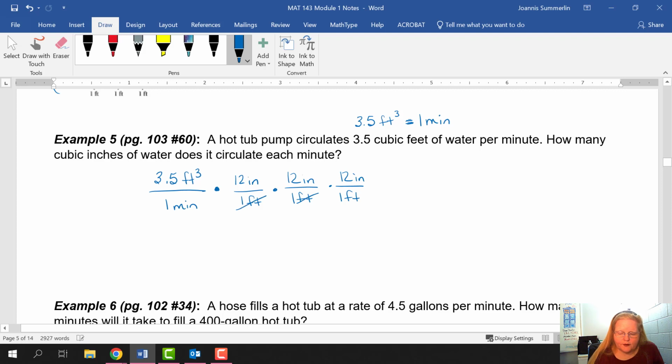So my 3 feet down there will cancel out with my 3 feet up there. That leaves me with cubic inches up top. 3.5 times 12 times 12 times 12 is 6,048 inches cubed per 1 minute.